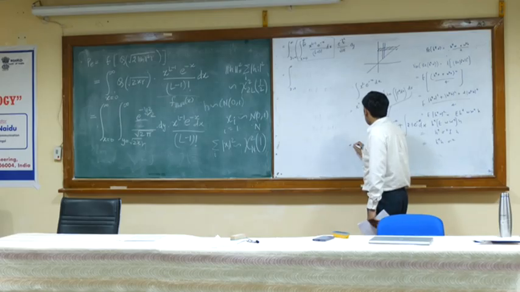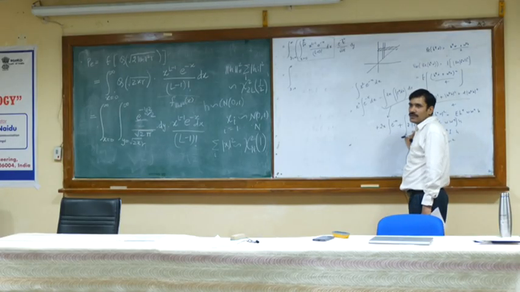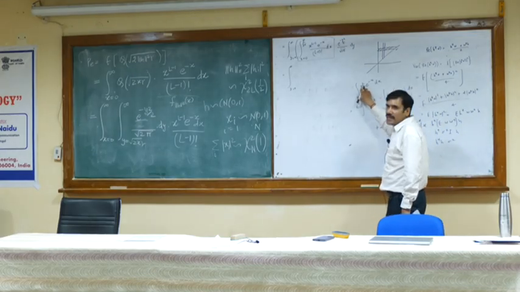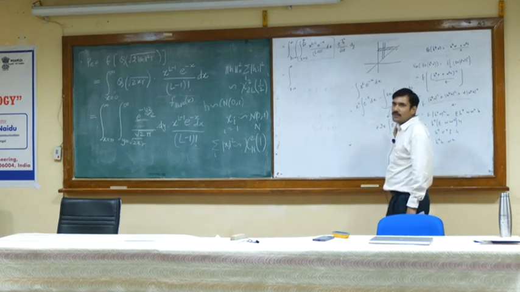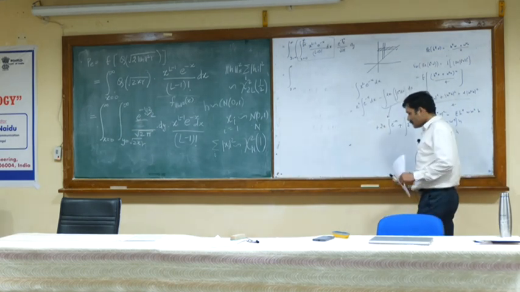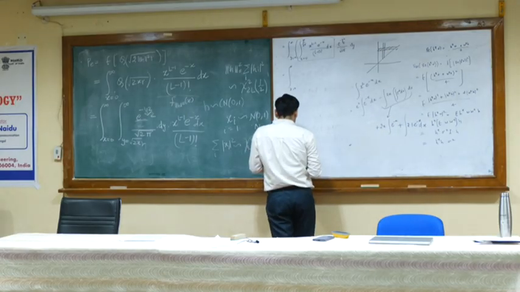So one term we will have for x square, one term for x, and one term for e to the power minus x. This way 3 terms will come. Whatever the power of x, we will have the integration that many times, plus 1. That way we can solve this.